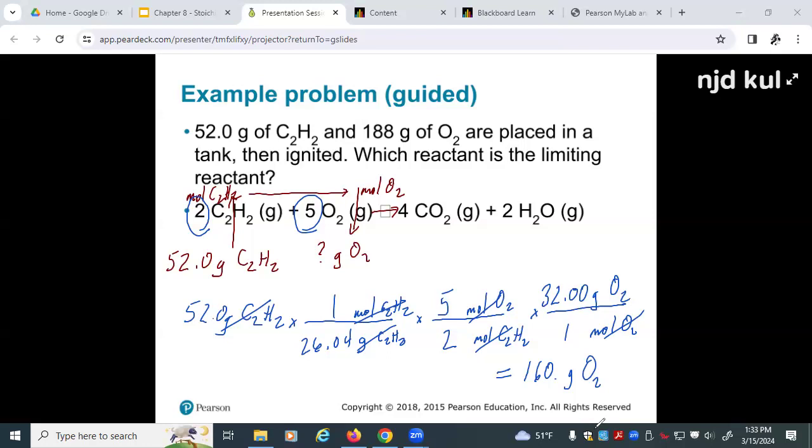So what does that tell us about the oxygen? Do I have enough oxygen here? Yes. Do I have more than enough oxygen here? If I have more than what is required, that means that I've got the excess reactant in the oxygen. This reaction takes place, there are still 28 grams of oxygen that have not done anything.